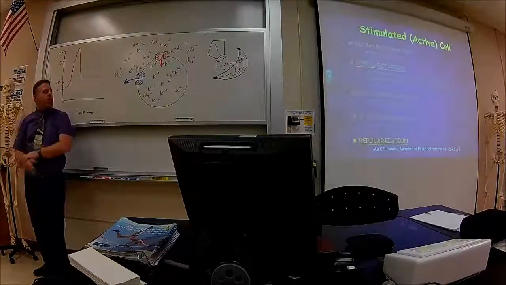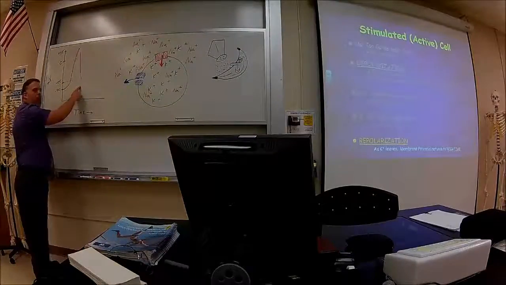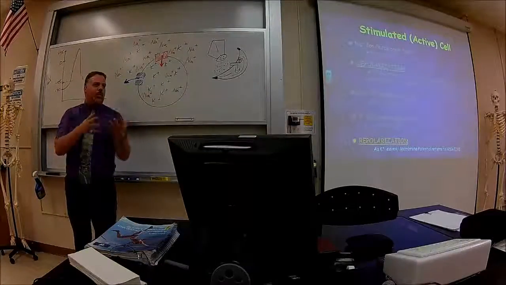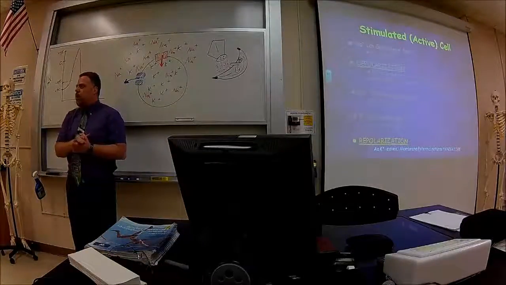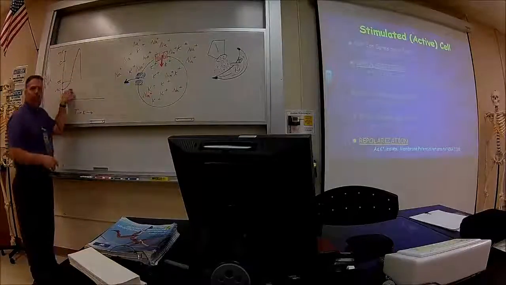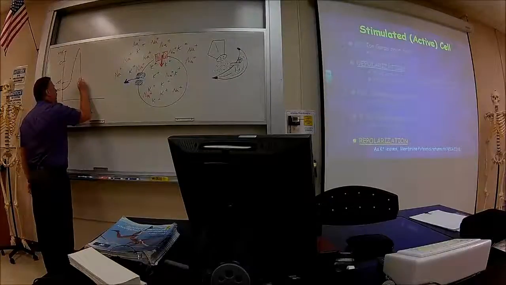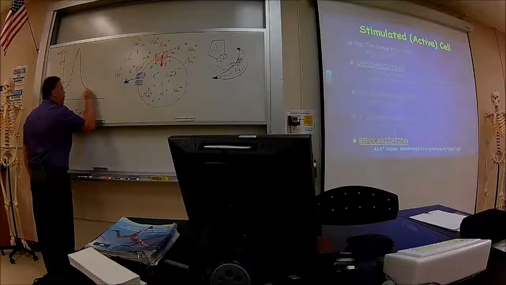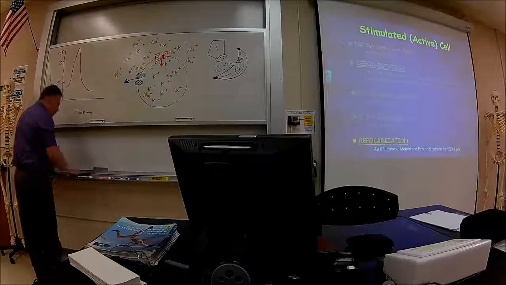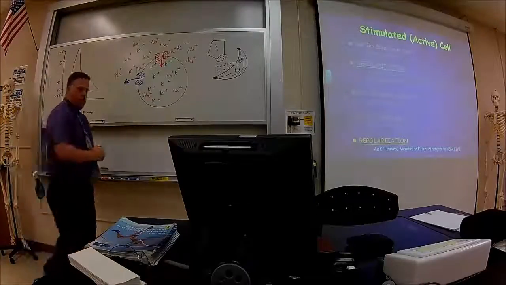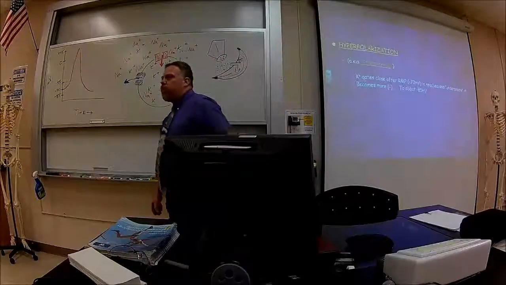So what happens here is because it closes slowly, you're still going to sneak out a few more potassium ions, even beyond -70. So when it closes, it's actually going to go even further underneath. It undershoots, is what we say, to about -85. We call this hyperpolarization.